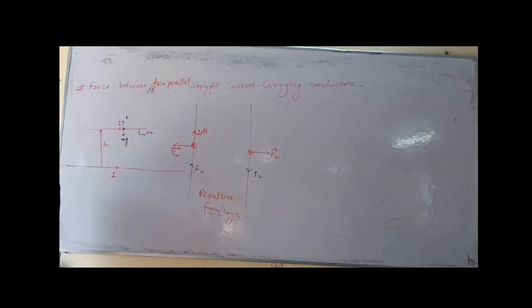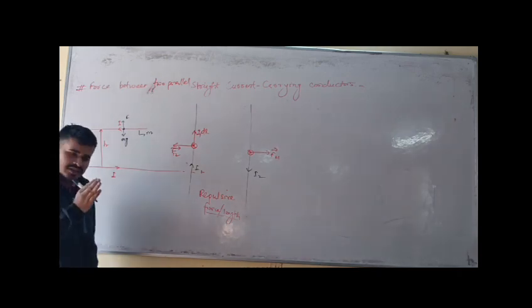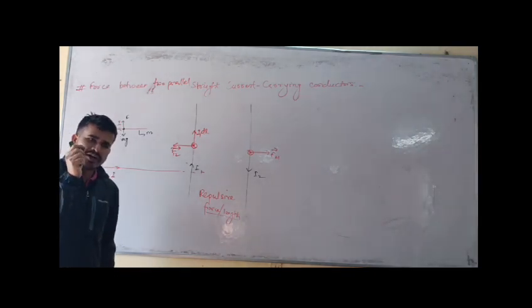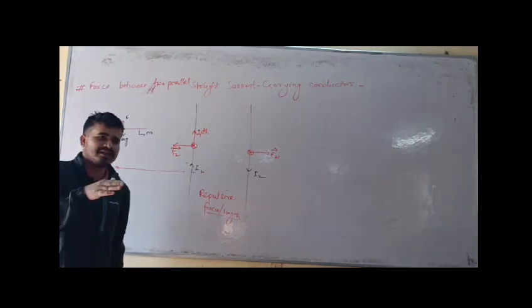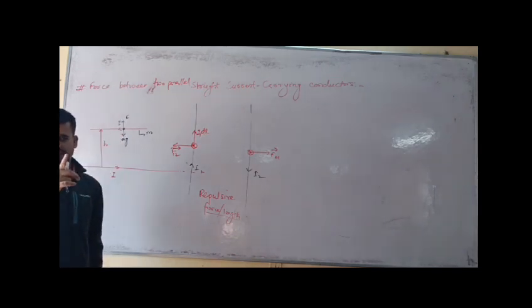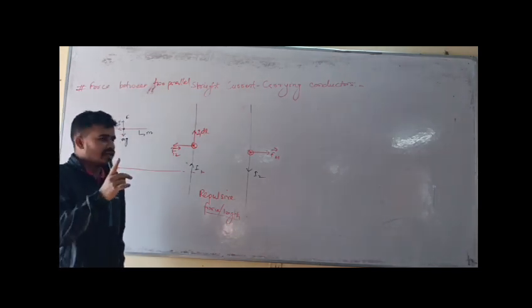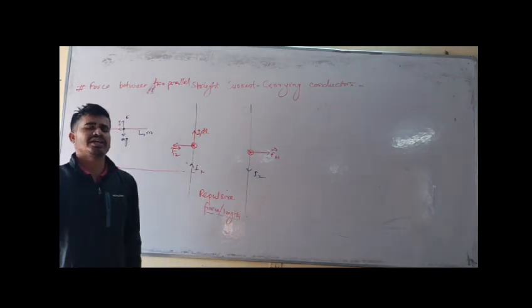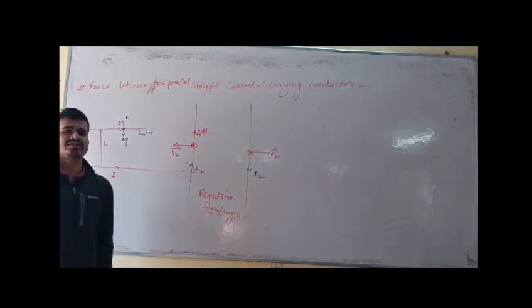For stable and unstable, you just need to displace it a little bit. If it is retaining its equilibrium again, it will be stable equilibrium. If it is displaced slightly and does not retain that, it means it is unstable.